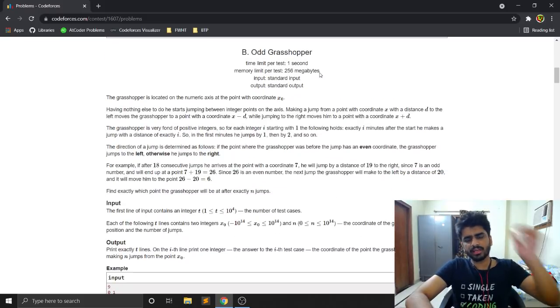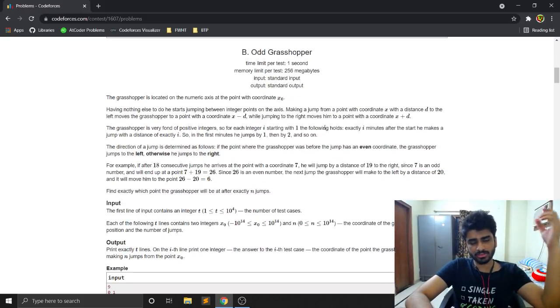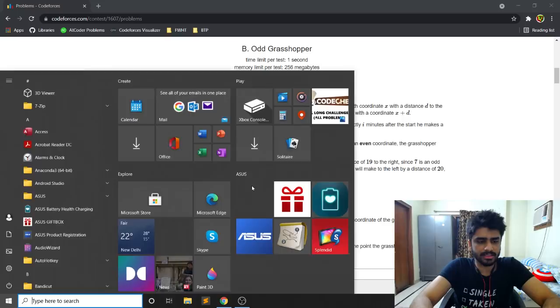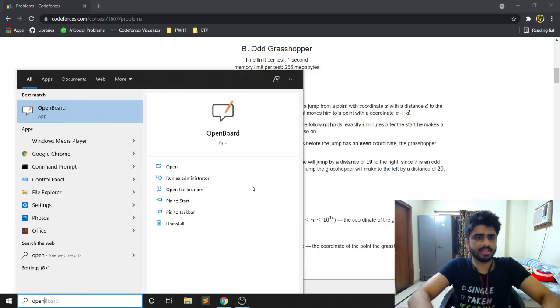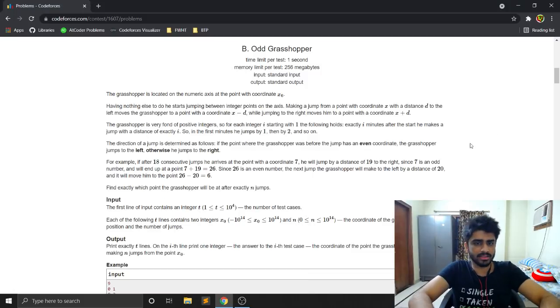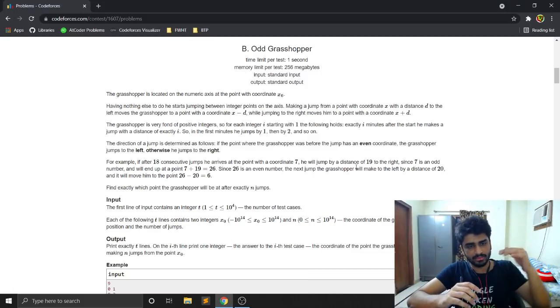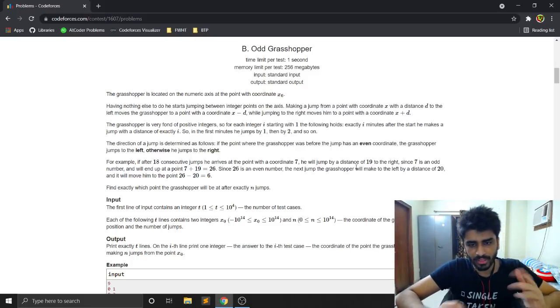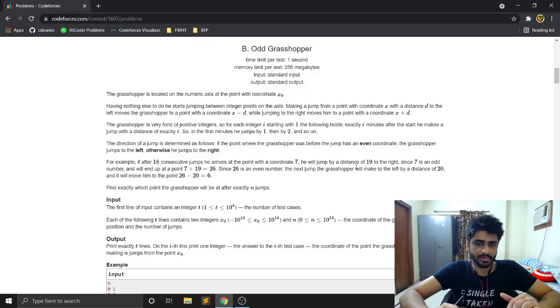So now we can move to problem B, which is Odd Grasshopper. I think it was a little more complex than the third problem, but let's do them in sequence. In this, we start from a point and jump a certain distance at every move, and there are 10 moves in total.